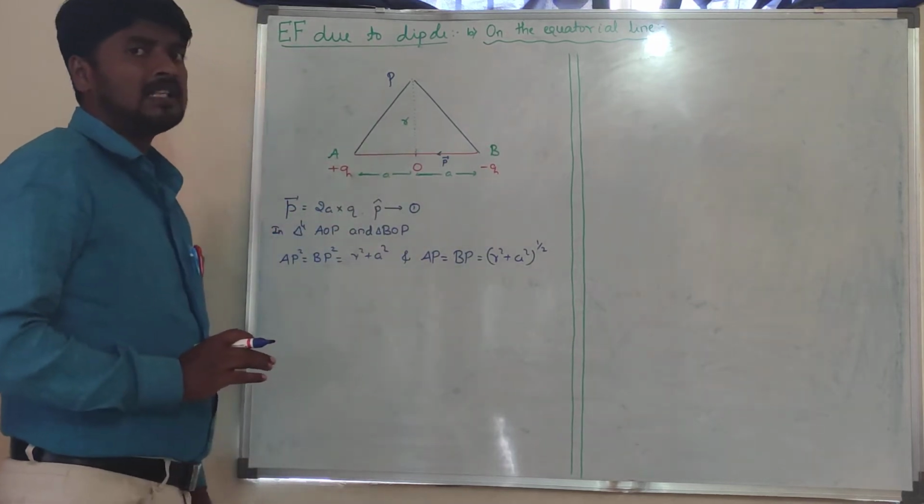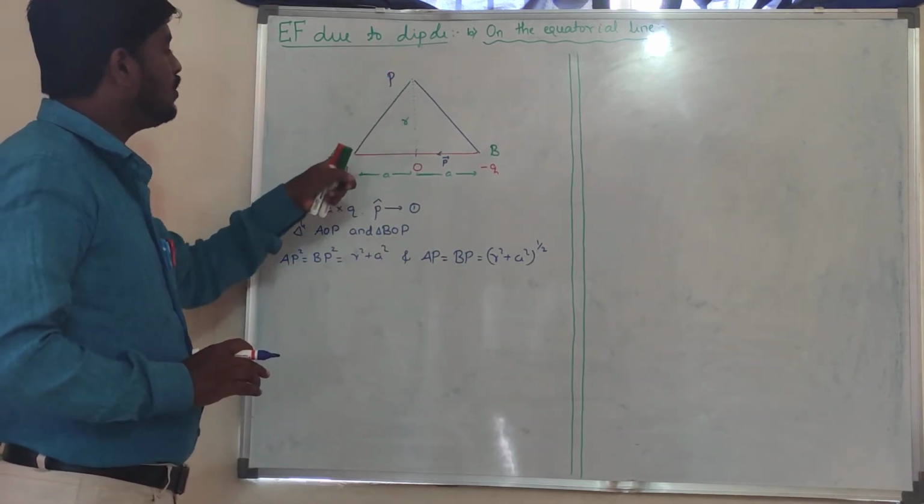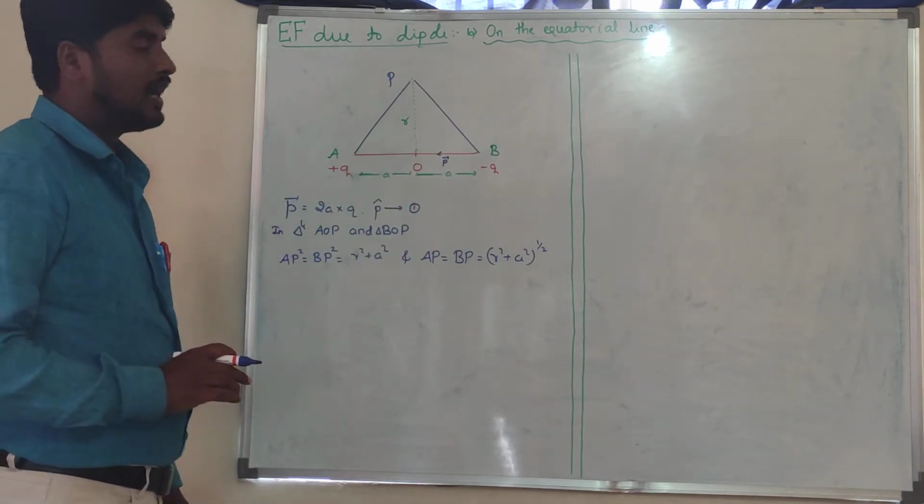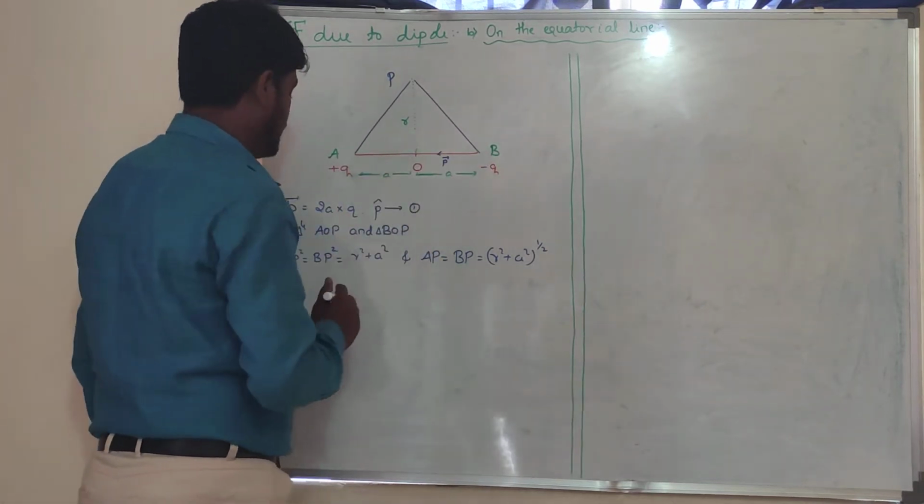After this, I have to write the electric field at point P due to plus Q and due to minus Q. It is termed as E plus and E minus.